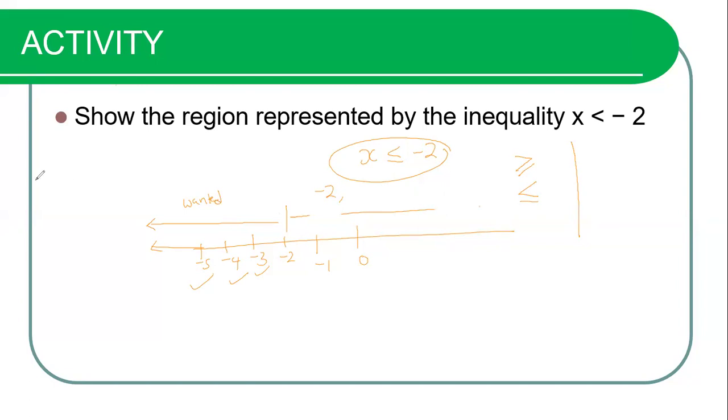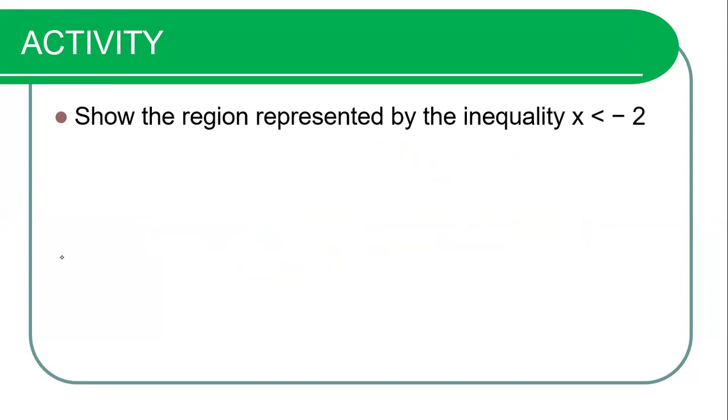Take another example. When they tell me x is greater than maybe 5, I will know that the values that are greater than 5 are 6, 7, 8, 9, and the rest of that.